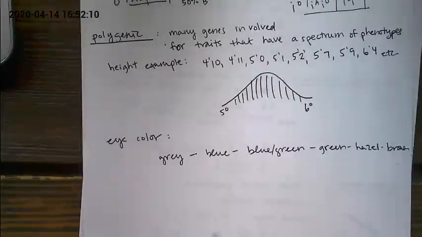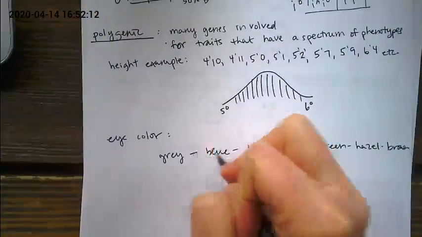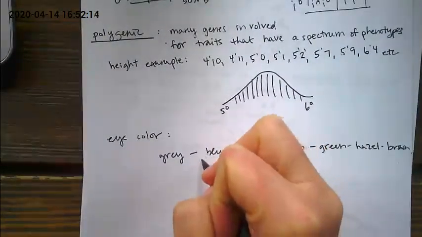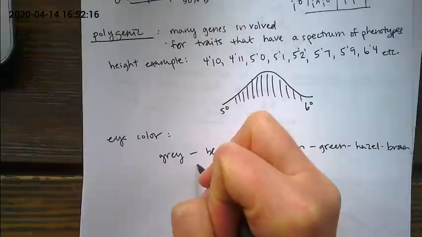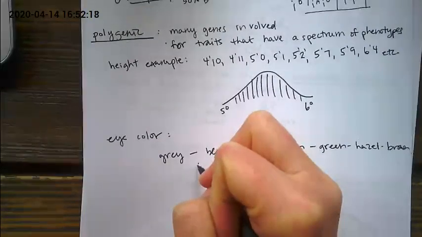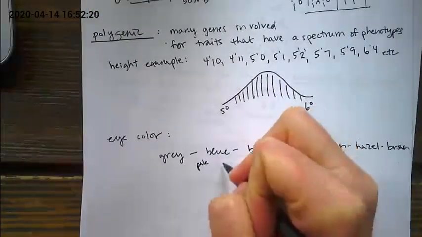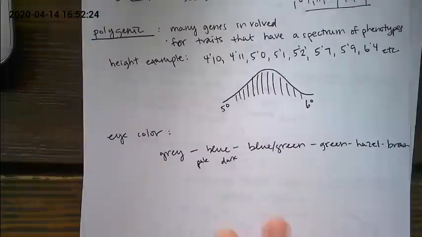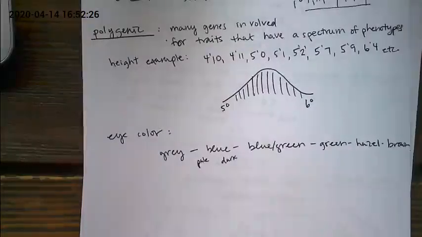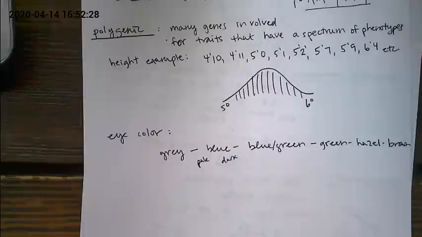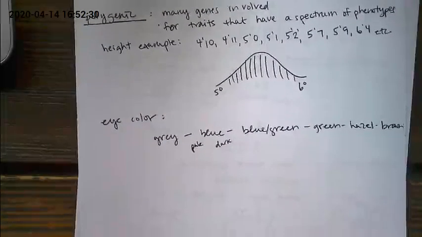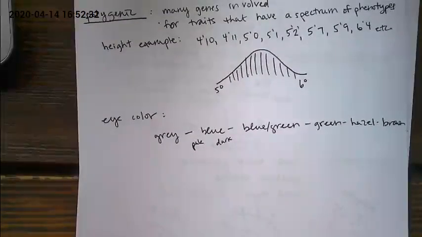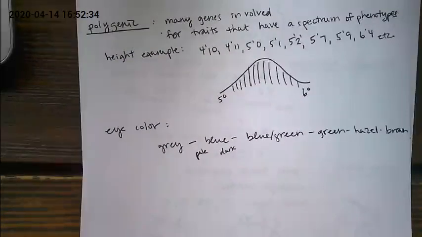And even within blue, right, there's a range. You can have really pale blue, you can have dark blue, same with green, so there's a whole spectrum within these. It's not just 3 eye colors, blue eyes or brown eyes. It's not really true. There's a whole bunch of eye colors. All right, that's polygenic inheritance.